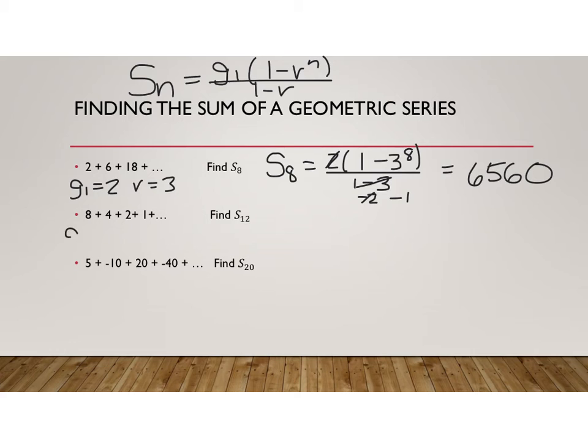In the next one, my first term is 8. I'm dividing by 2, so the ratio is actually 1/2. I could use a decimal if I wanted to. To find the sum of the first 12 terms, it would be 8 times 1 minus 0.5 to the 12th power, all over 1 minus 0.5.